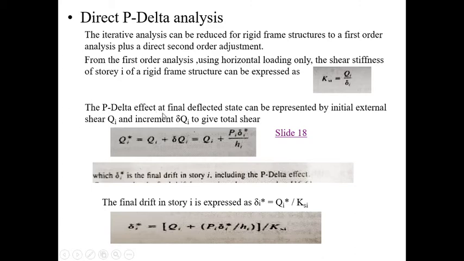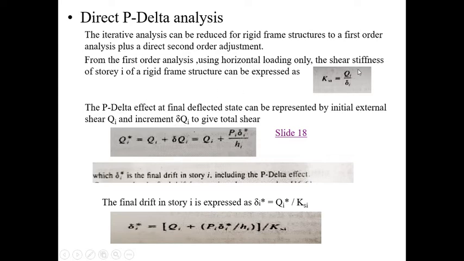So the P delta effect at the final deflected state is represented by the initial external shear, that is Qi, and the increment in the shear value, that is delta Qi. Okay, so that is the P delta effect we consider later.